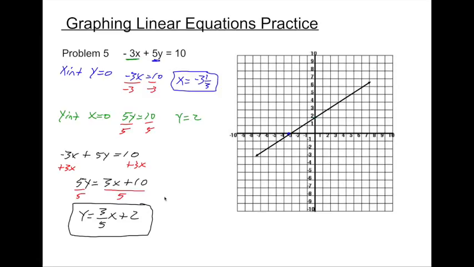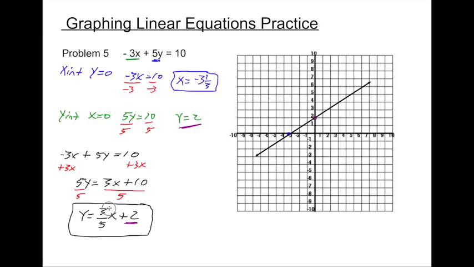So I'm going to come over here and I'm going to use a purple color. And we can see that our y-intercept is 2, which matches up with the intercept that we solved with our y-intercept. So that validates that we did our mathematics right.